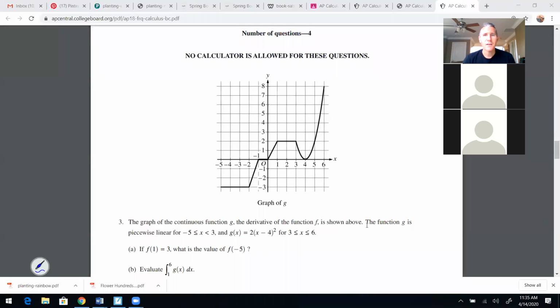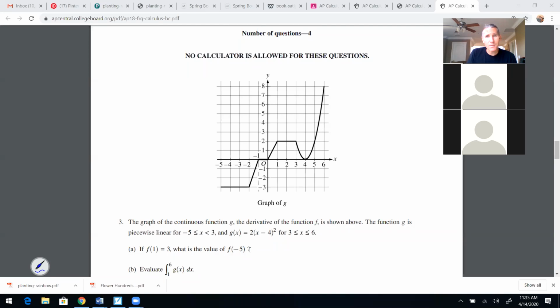It then says the function G is piecewise linear from -5 to 3, and then from 3 to 6, it's this quadratic, or the graph is parabolic. If f of 1 is equal to 3, so they give us an initial value, what's f of -5?